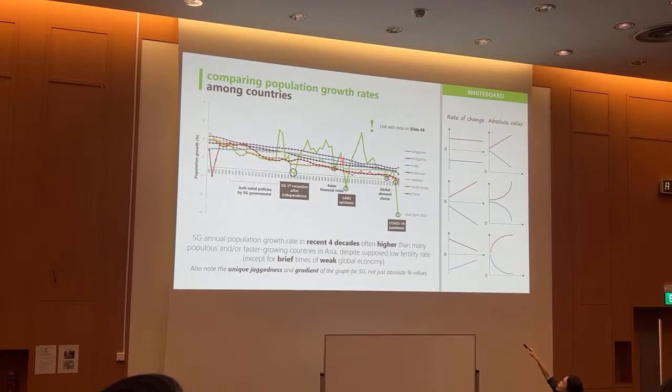Singapore is the green line. As you can see, the green line is always above other countries, except for very special events, like the times whereby the government purposely wanted to bring down population growth, and during the one-off events of global economic recession.